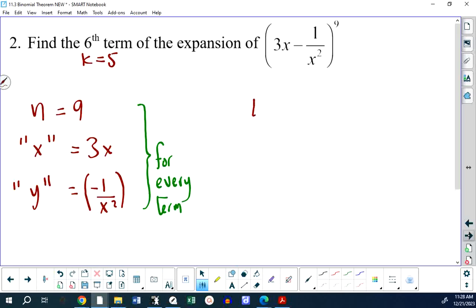So the 6th term will be n choose k. That will be 9 choose our key number, which is 5.